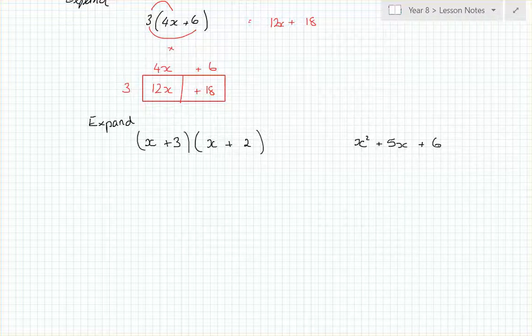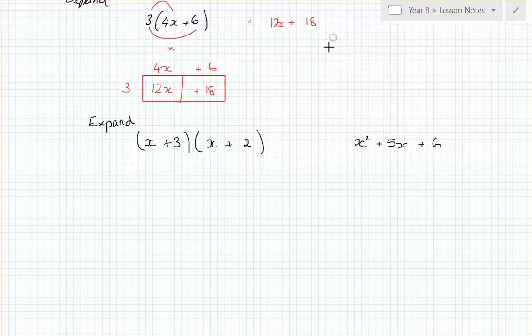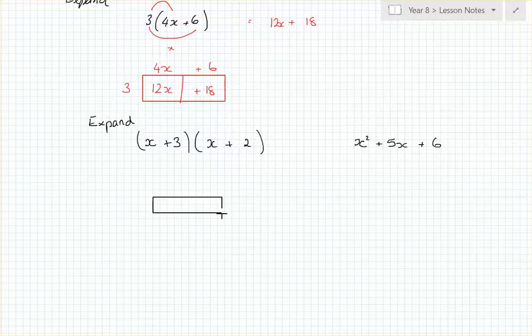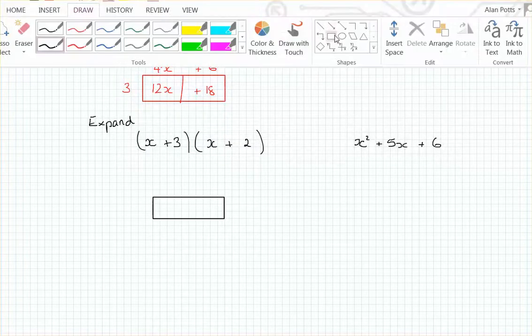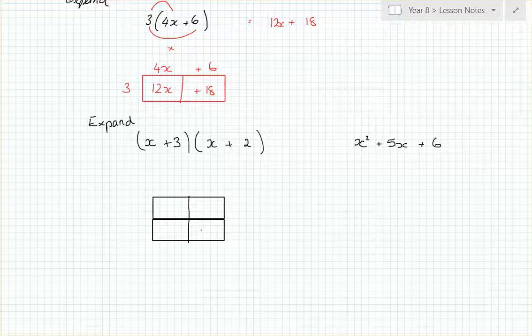Now, obviously, I'm not expecting you to just write the answer down and go, right, now I know how to do it. There are 2 methods that I'm going to go through. Let's go through this box method. So I've got the box, one box. I'm actually going to put a second box now, just because it's a 4-part grid.